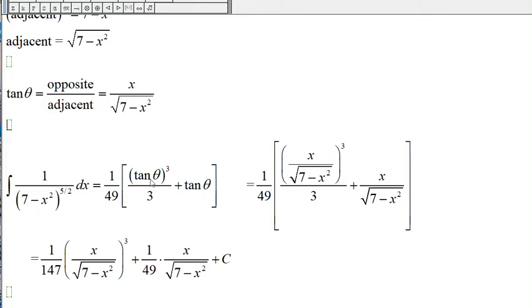So in the place of tangent of theta, we have x over the square root of 7 minus x squared. 49 times 3 is 147. And then we have 1 over 49 times this expression, so we get 1 over 49 times x divided by the square root of 7 minus x squared. And this is the answer.